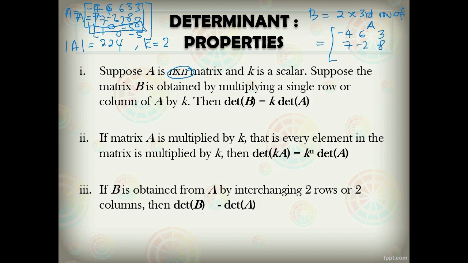We multiply the scalar to the third row, so the third row changed to 2, 0, -10.